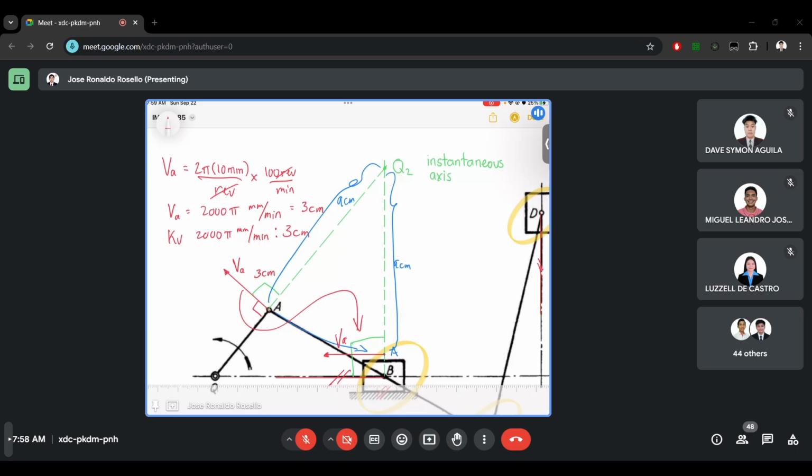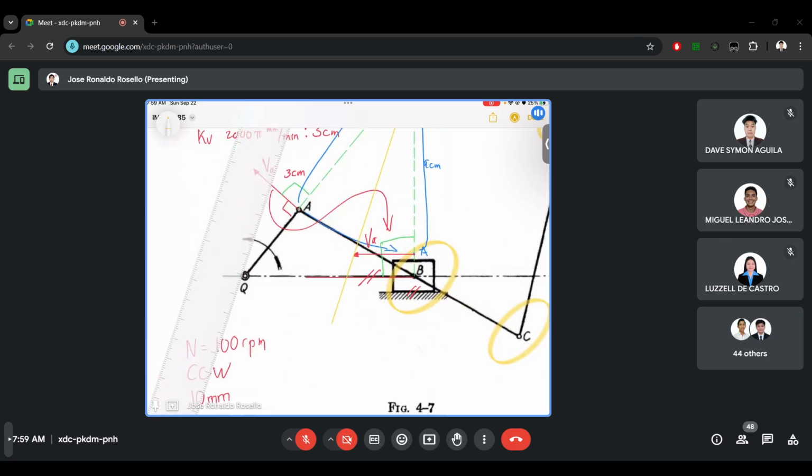Now, if we have this one, we can make similar triangles from the instantaneous axis going to the end of vector A. This yellow line is the proportionality line for the similar triangles.